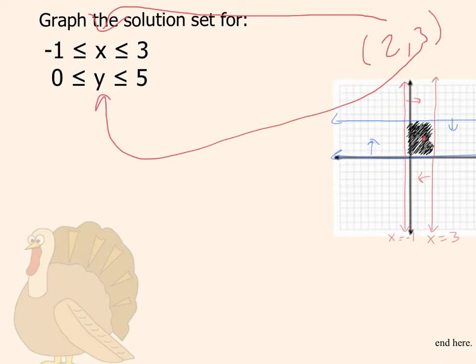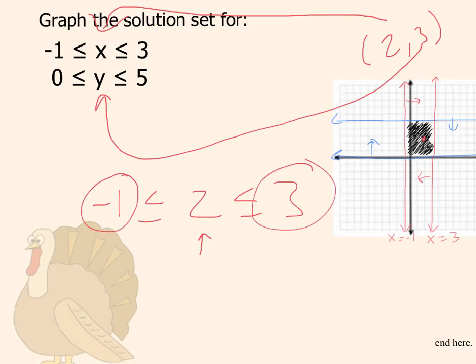Okay, let's first look at x. If I put 2 in there, it should make a statement that's true. Is 2 greater than or equal to negative 1 and less than or equal to 3? In other words, is it in between those two numbers? And it is. That's because I marked with those vertical lines the boundaries of x equals negative 1 to x equals 3.